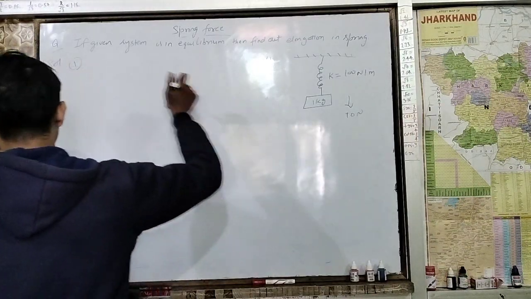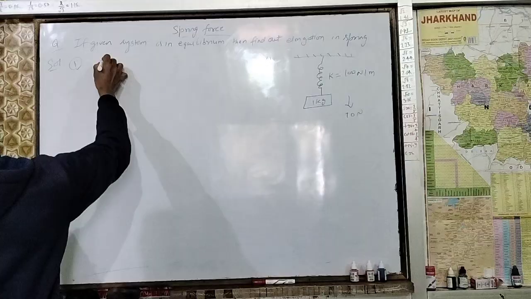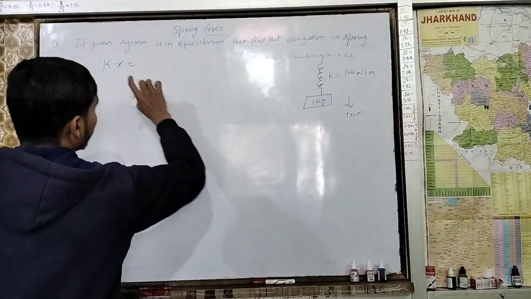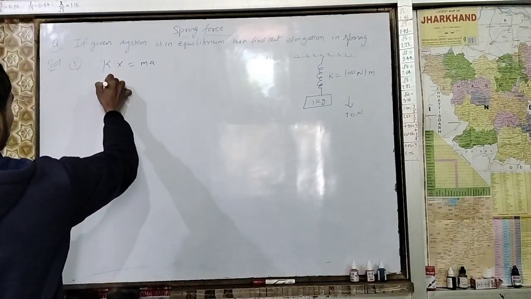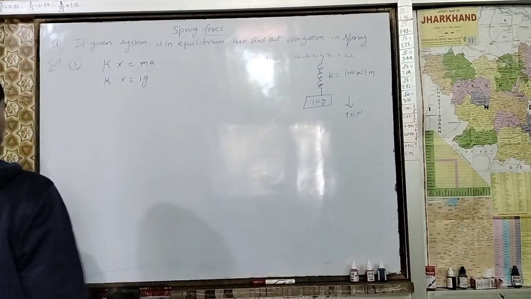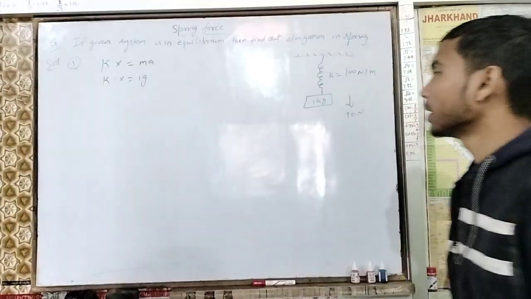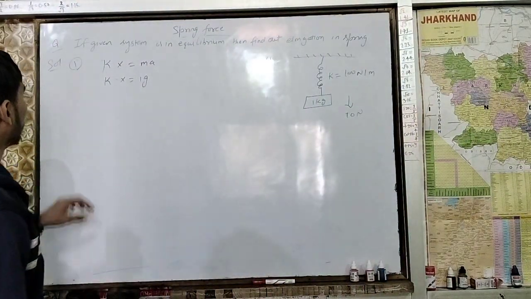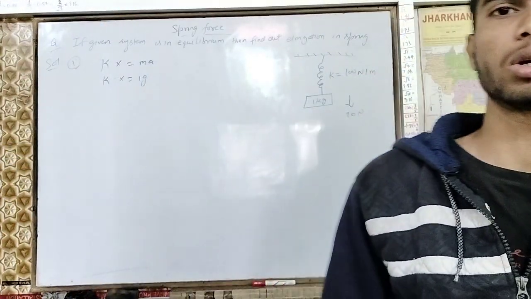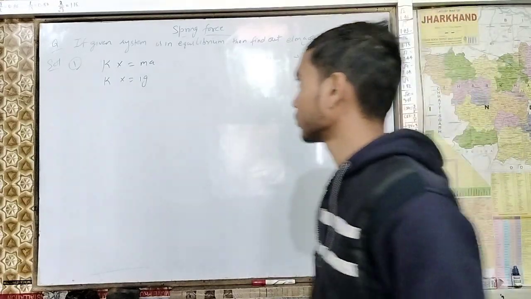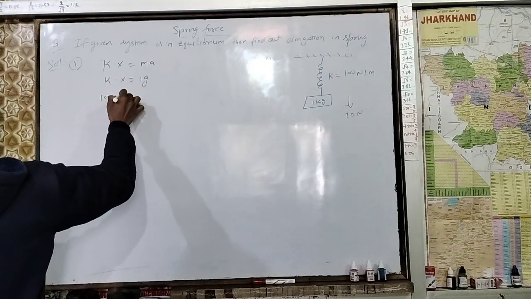Force kx is equal to mg. Here kx is nothing but the force. So kx is equal to mg, where k is given, 100, and mg is 10.